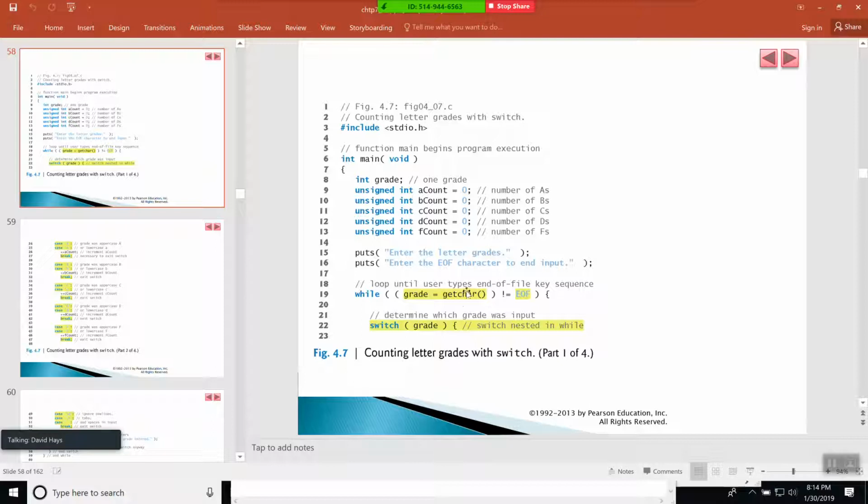Now, we have the getchar here. What this does is it gets a character, a single letter, single digit, single something from the user.